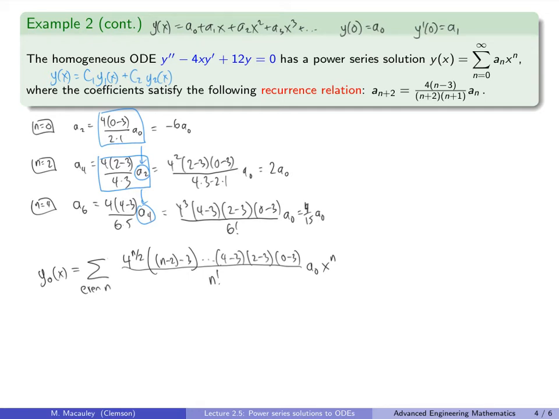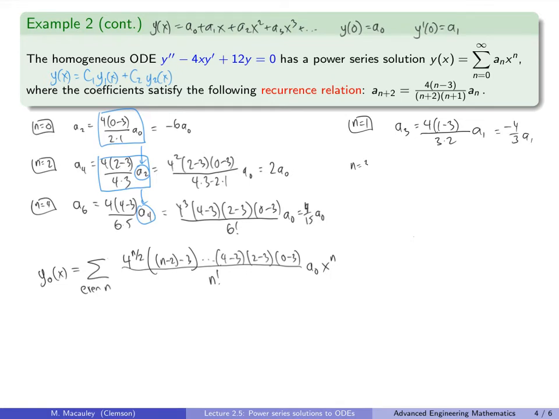Okay, so let's do the odd terms. If n equals 1, then we get a3 is 4 times 1 minus 3 over 3 times 2 times a1. And that is negative 4/3 a1.